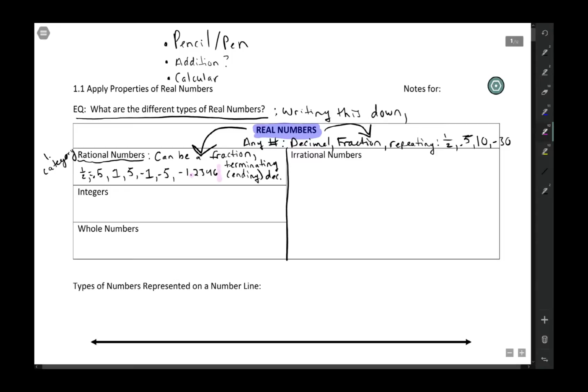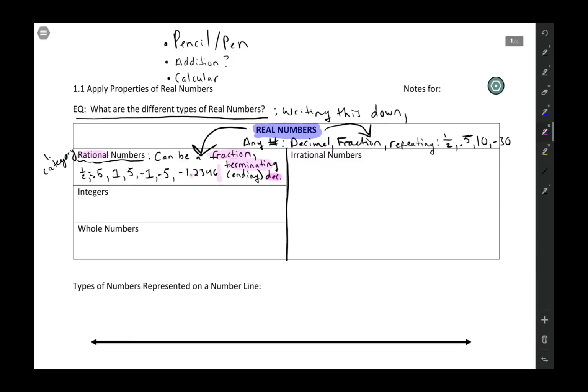It doesn't keep going on forever and ever and ever. -1.2346. If you type that in your calculator and go to fraction, you will get the fraction. But rational numbers, fraction, terminating decimal. That's what makes them rational.